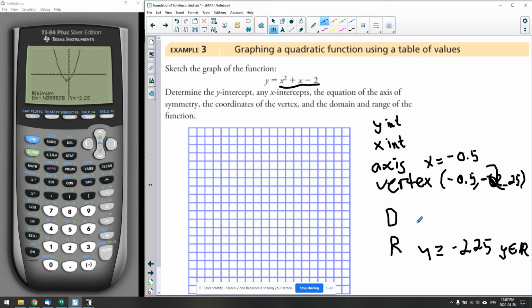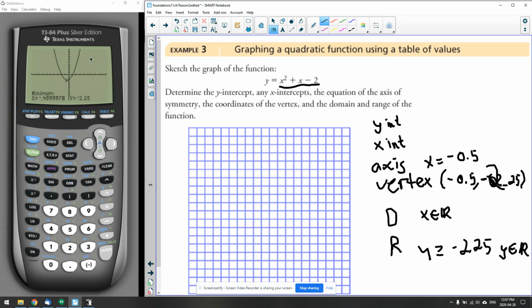Now in parabolas, unless you're talking about some real life example like arches or water arches, the domain is just x is an element of the reals, right? These are continuous lines that go on forever and ever, so x can be anything. All right, and we got all of that out of the vertex.